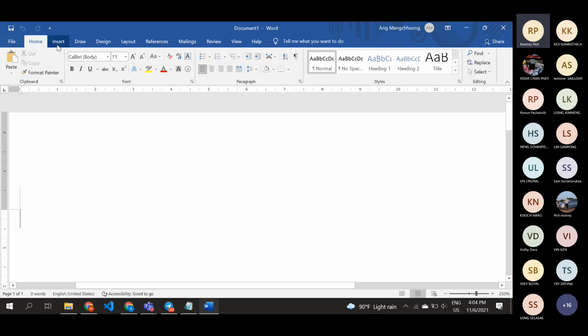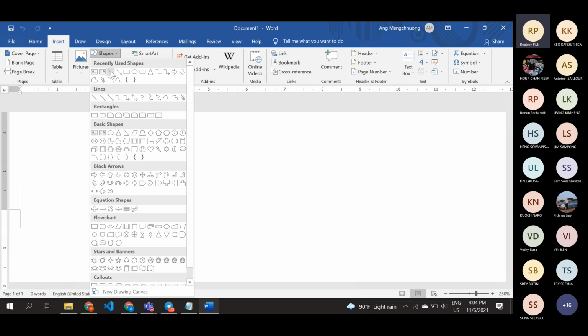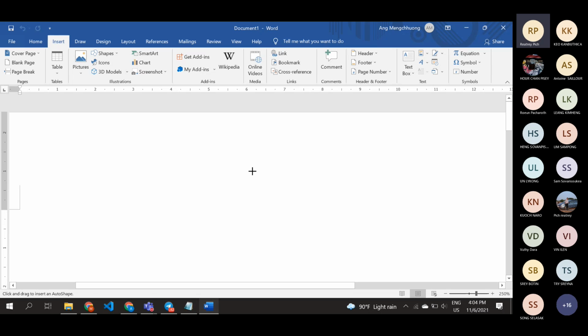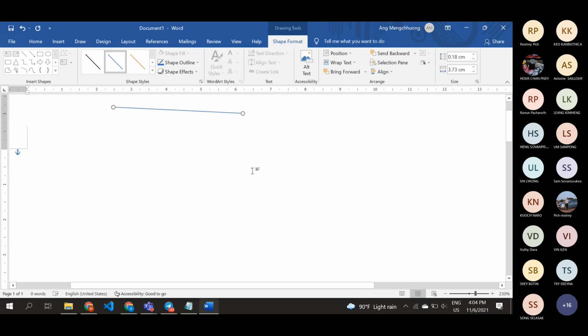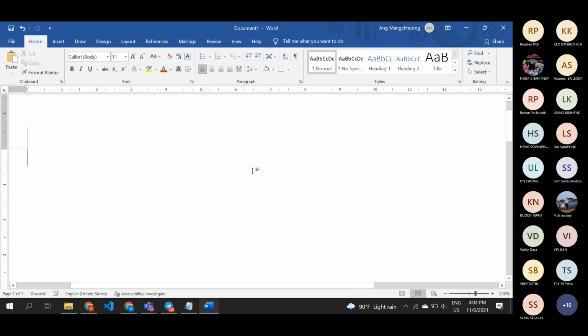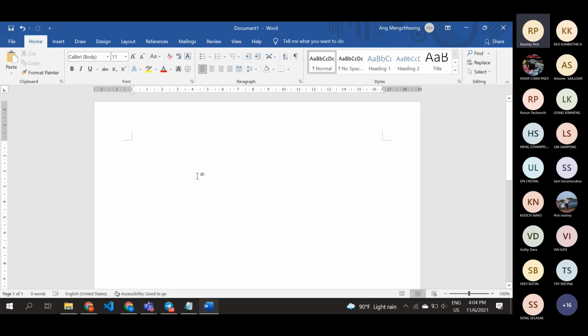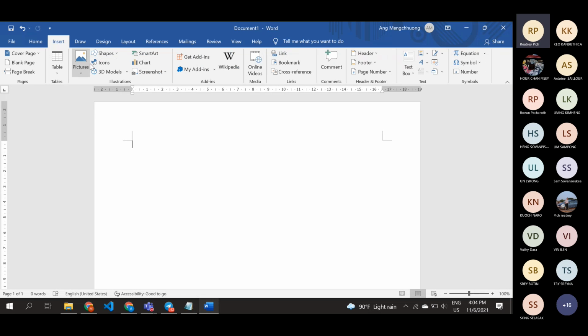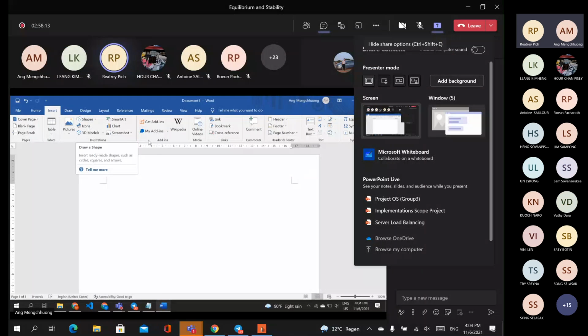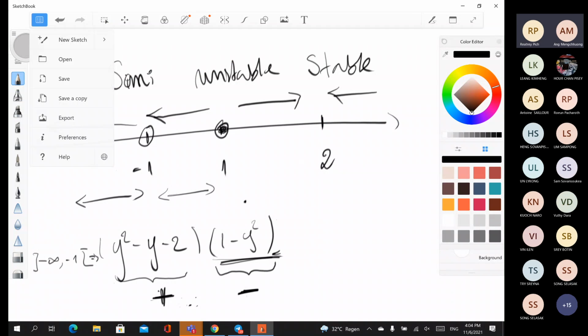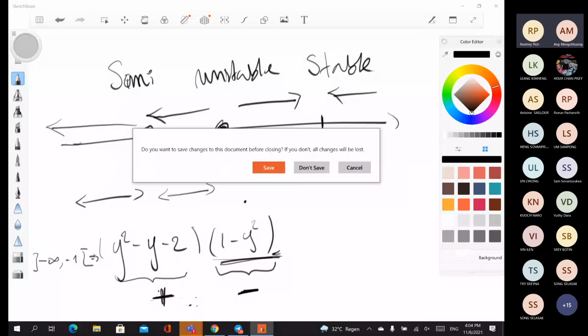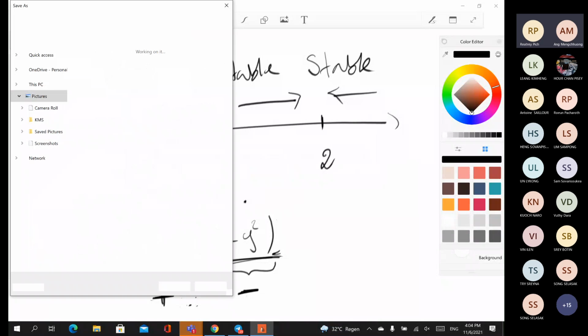Let me insert a shape. Let me draw for you, but you have to give me the instructions. I am a robot. Can you see the screen now? Yes.